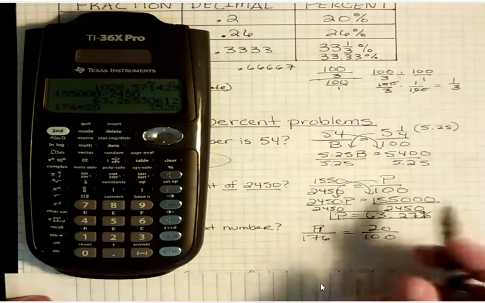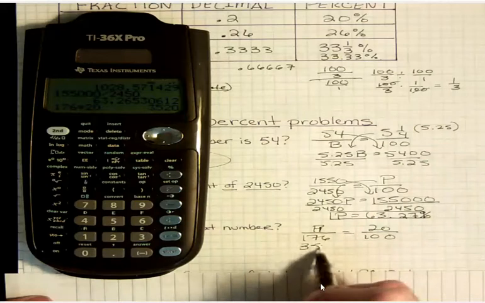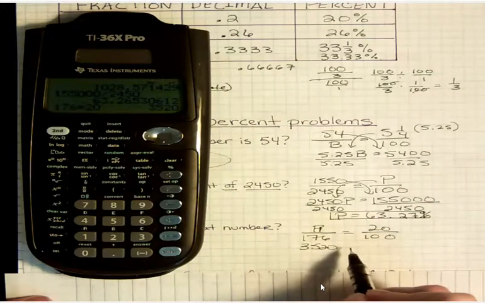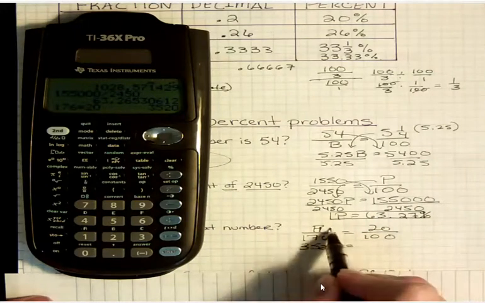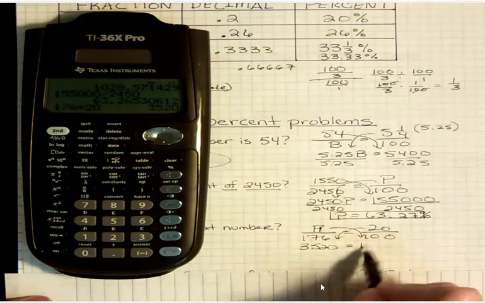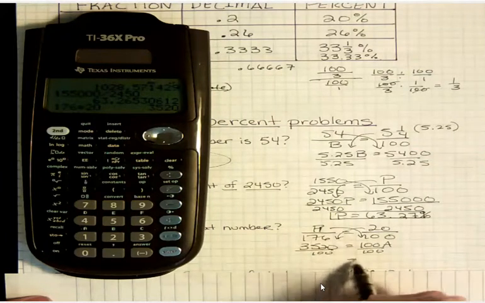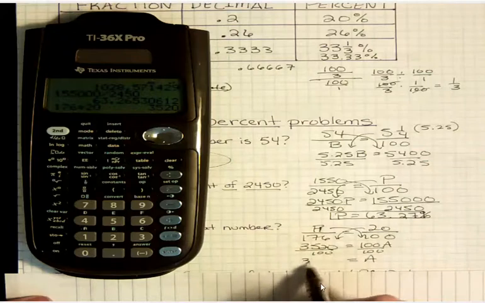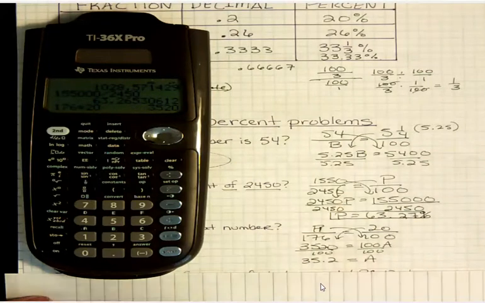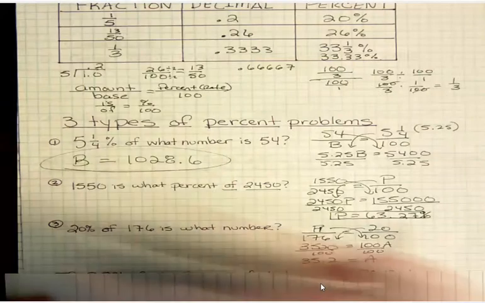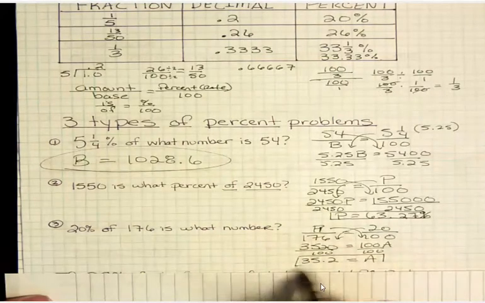That's 3,520. And I'm going to multiply in this direction and get 100A. I'm going to divide both sides by 100, and I get 35.2. Could be 0.20, but I don't need to add the 0 to the end of that if I don't want to. So there's the 3 types of percent problems.